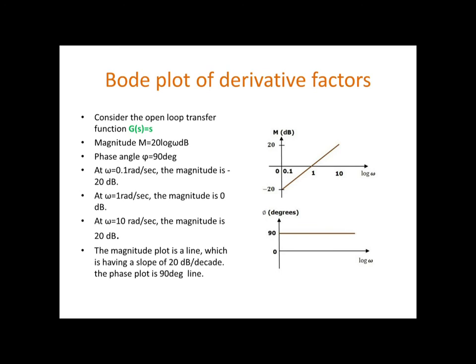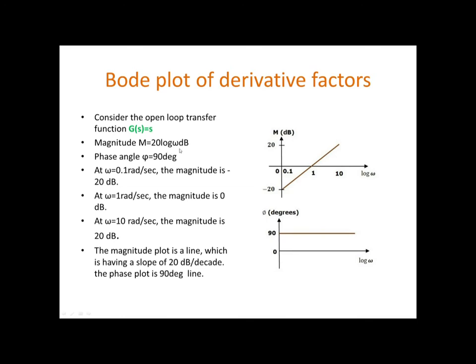Now we will consider three different cases according to the value of omega. Let's take omega equal to 0.1 radian per second. When omega is 0.1 radian per second and we put that value in the magnitude expression, it becomes 20 log 0.1, which means minus 20 dB.